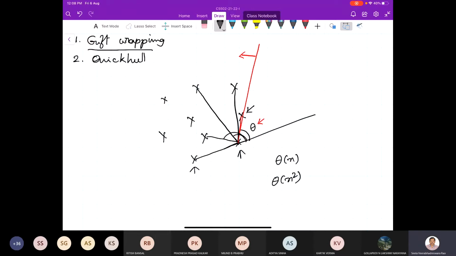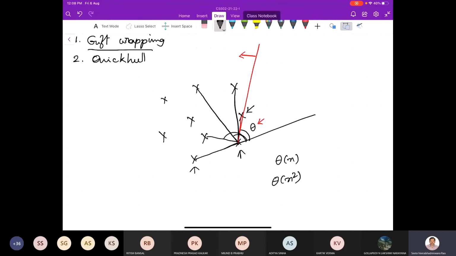It is called gift wrapping because when you are wrapping a gift with gift wrapping paper, you put it on the table, put your gift, and wrap around it. This process of finding the next edge simulates the gift wrapping. So that's why this name is given.